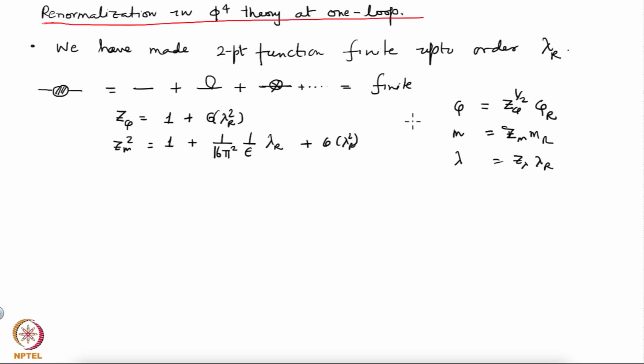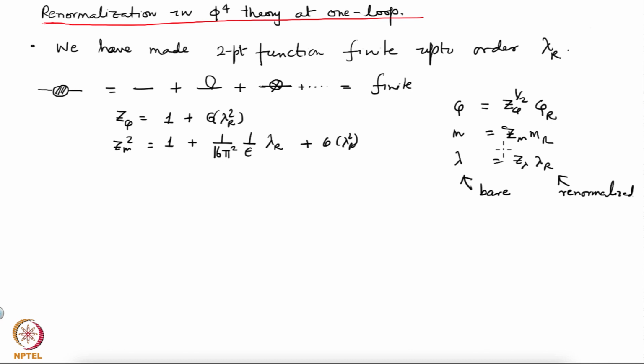I guess I said this before. So these are all bare quantities, and these are all renormalized quantities. As you see, z m squared is singular; a 1 over epsilon term is present here.